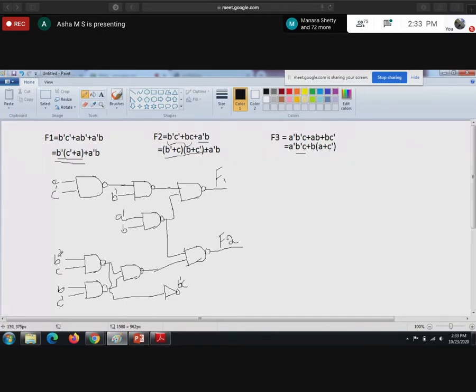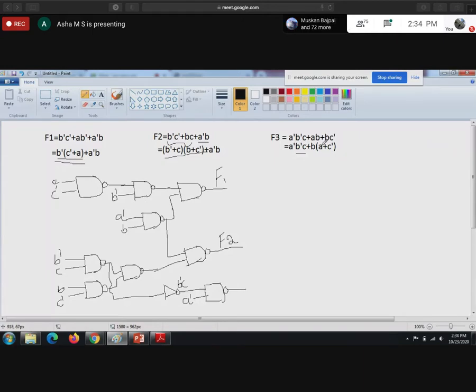That's the reason I'm using the inverter. So now I got B bar C. The output of this will get added with A bar. So from this NAND gate, I will get A bar B bar C.